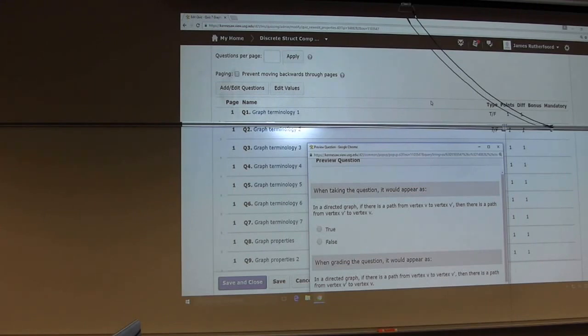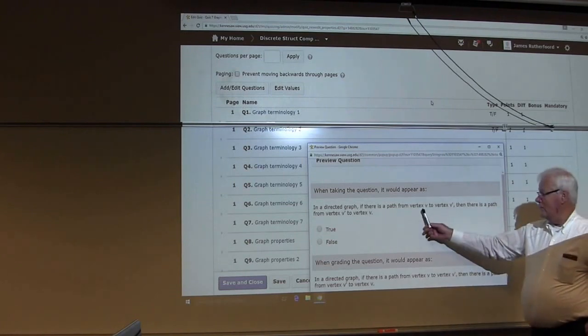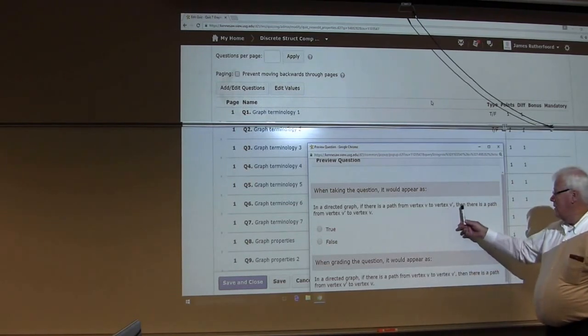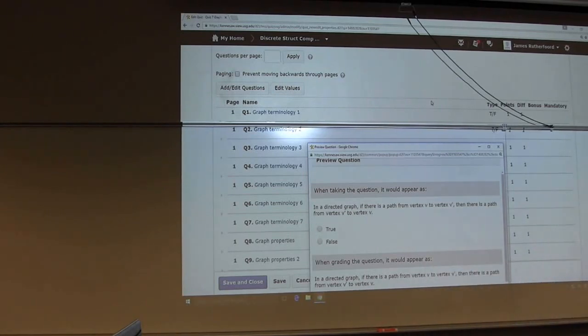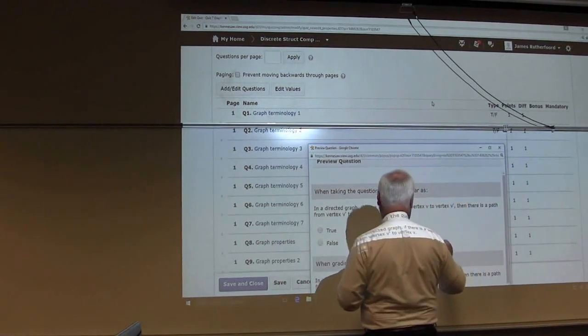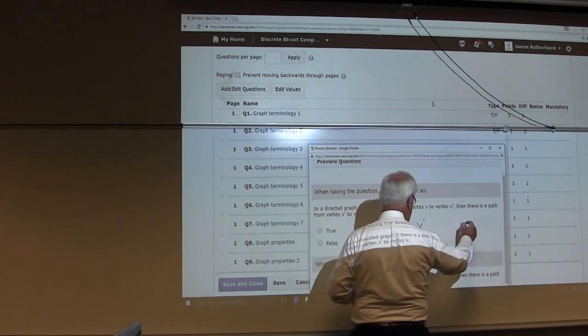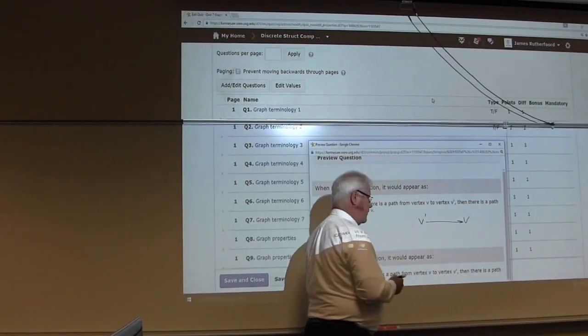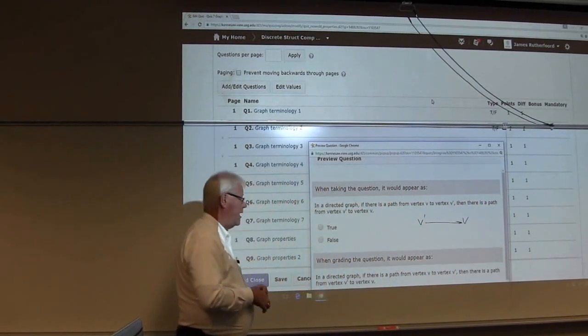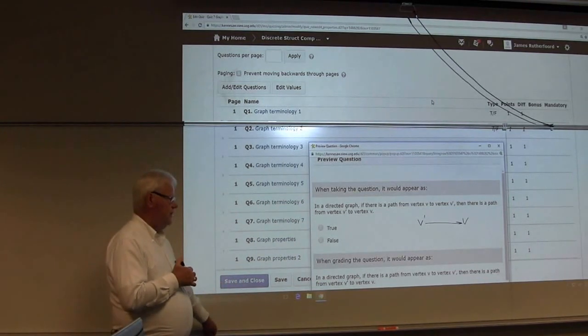Okay. In a directed graph, if there's a path from vertex V to vertex V1, then there's a path from V1 to V. Is that true or false? It's a directed graph, right? And so just like in that last one, this is V prime, and this is V, and I've got an edge from V prime to V. Do I have a path from V to V prime?